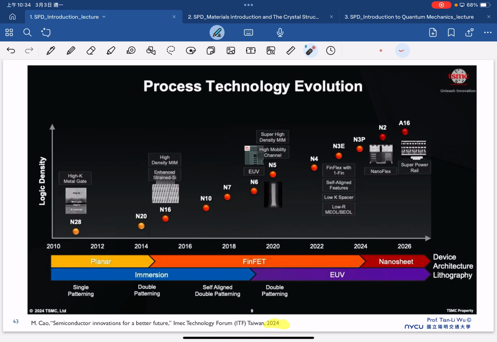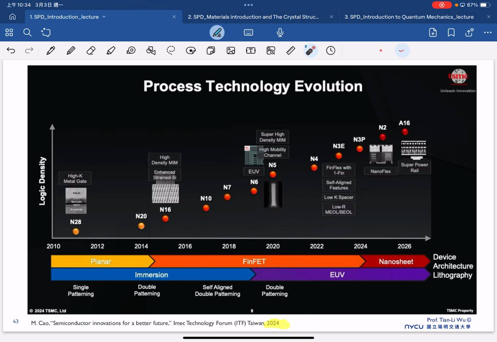We still have very fantastic processes and technologies being developed now. And also, for sure, we went from immersion to, in the end, EUV. If you look at EUV online, you will find lots of detailed explanations of how important EUV is for semiconductor technology.